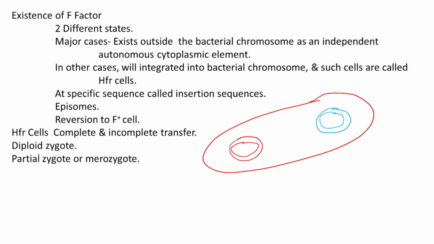In the majority of cases, this F factor exists as an independent autonomous cytoplasmic element separate from this bacterial chromosome. But in some instances, it integrates into this bacterial chromosome.